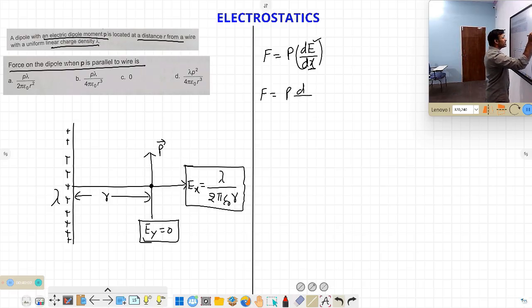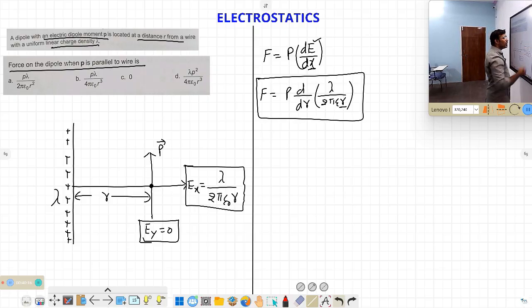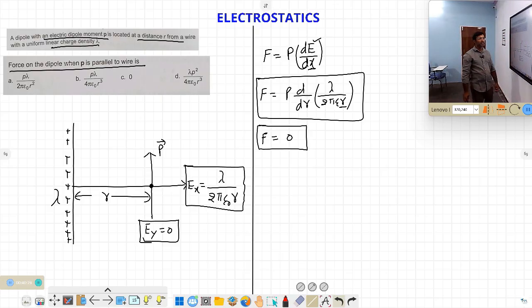If you differentiate, d by dr of lambda by 2 pi epsilon naught r, but in this case r is not changing, so this variation is completely constant, zero. So the force acting on the dipole is equal to 0 at that position.